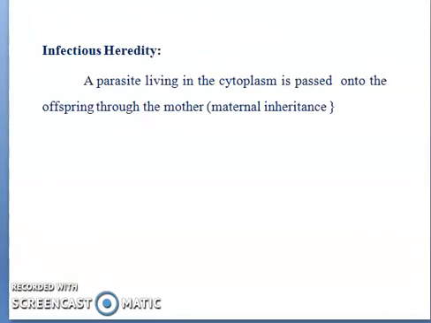Another method of extranuclear inheritance is infectious heredity. Say a parasite living in the cytoplasm is passed on to the offspring through the mother. Say a mother has a parasite in her cytoplasm, and we know that during maternal inheritance, the cytoplasm of the zygote is the same as the cytoplasm of the egg cell, because only the nucleus is transferred from the sperm, not the cytoplasm.